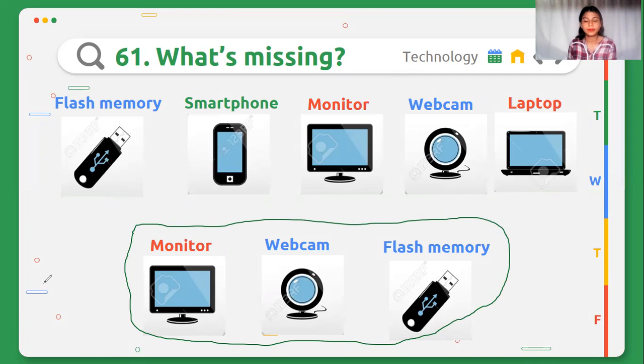And the teacher asks the students, what picture is missing here? And maybe the student can reply, here there is no laptop, for example.